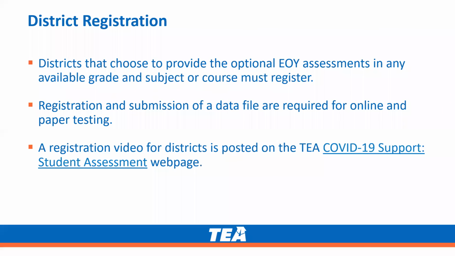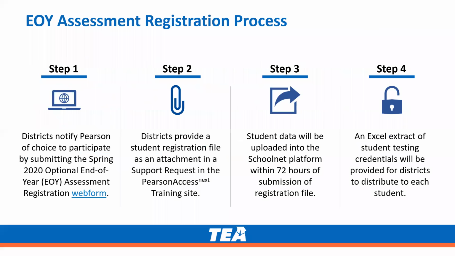So regardless if you're choosing to test online or paper, you will still have to submit registration information, including that data file. And like Tyson mentioned earlier, we do have the video posted on TEA's COVID-19 support student assessment webpage that'll walk you through the steps on how to submit that registration file. And we'll actually walk through some key points on that task here in a bit.